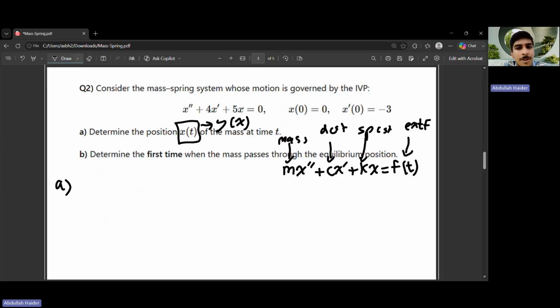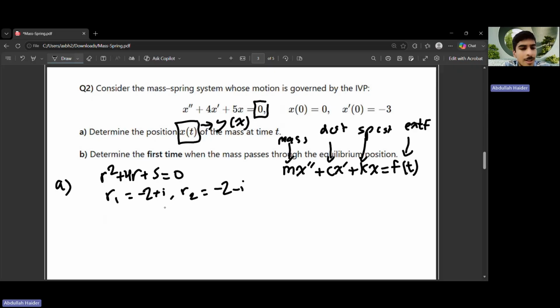You have this 0 here. This is a homogeneous equation, which means that you only have to find the auxiliary equation and then write your x of t. First, the auxiliary equation will be r squared plus 4r plus 5 equals 0. And r1 will be minus 2 plus i, and r2 will be equal to minus 2 minus i.